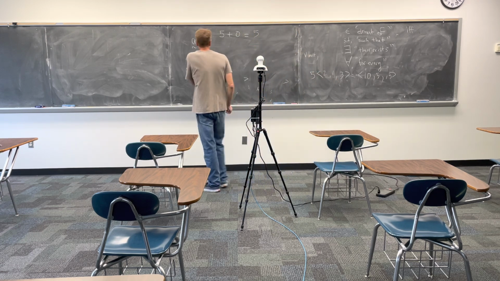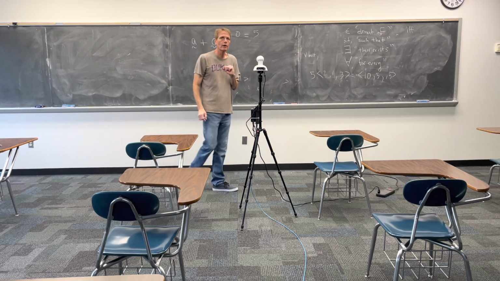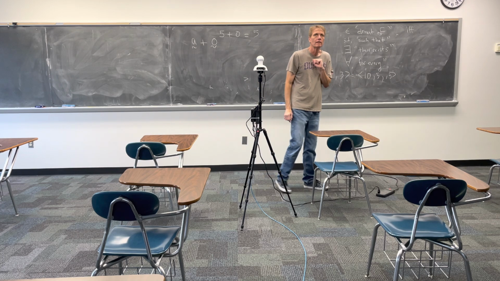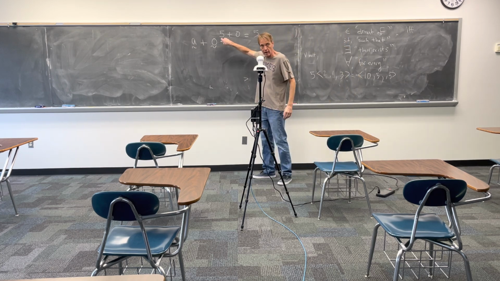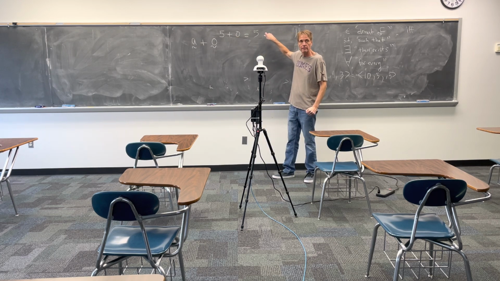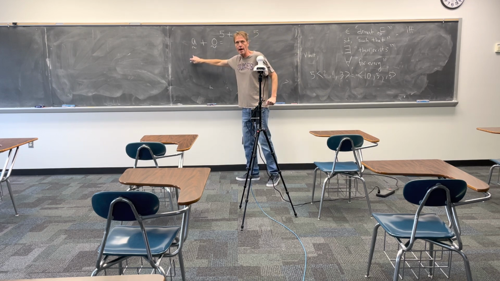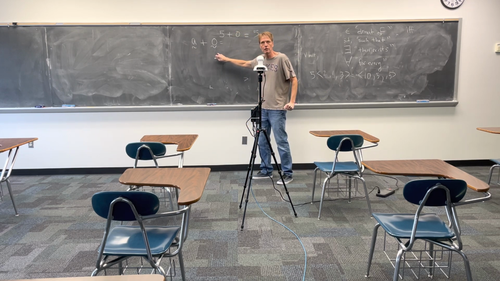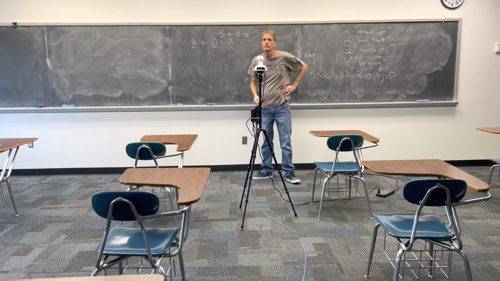Can anybody think of a vector that would work like the additive identity for a vector space? Which would mean, like 5 plus 0 is 5, that the vector A plus the vector 0 would result in the vector A.